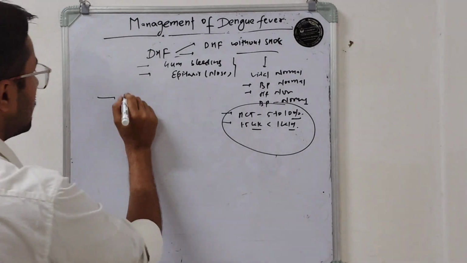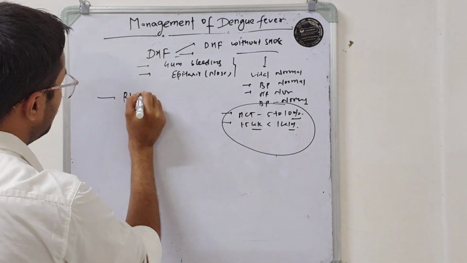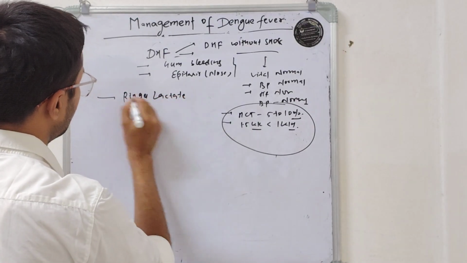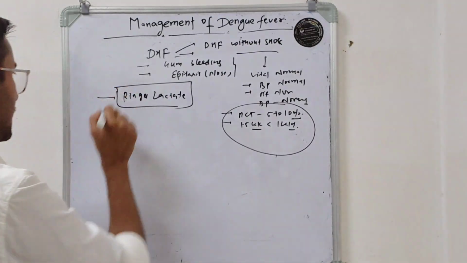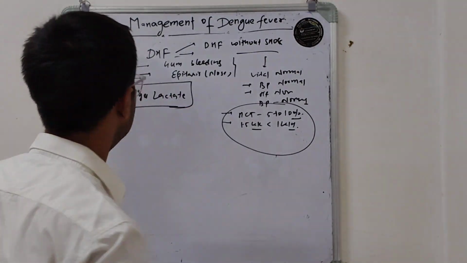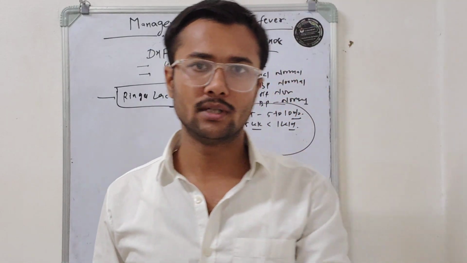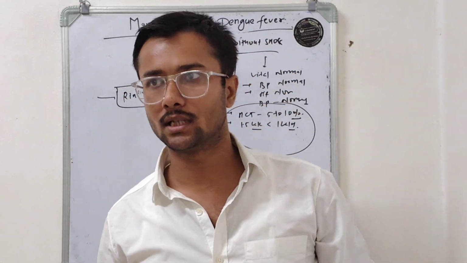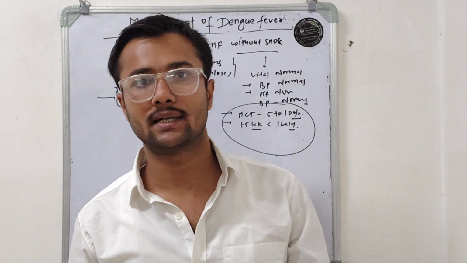We start with IV infusion, and the IV fluid is Ringer lactate. One more point is very important to discuss. Whenever we administer Ringer lactate IV fluid, the first thing we have to check is that the patient has no hyperkalemia.